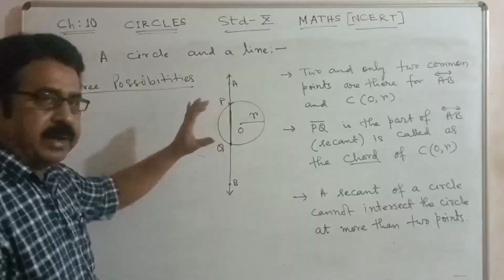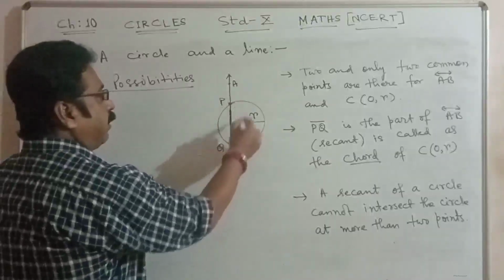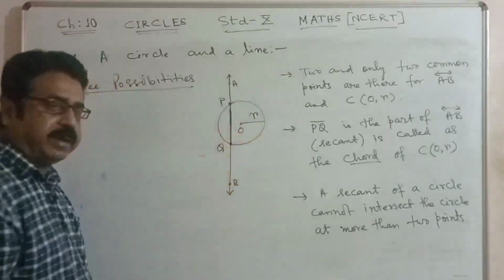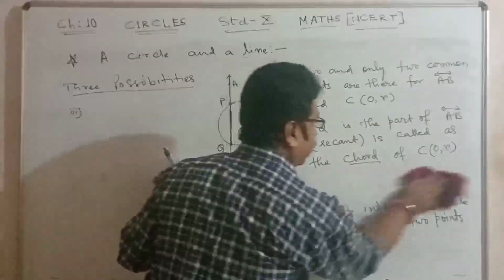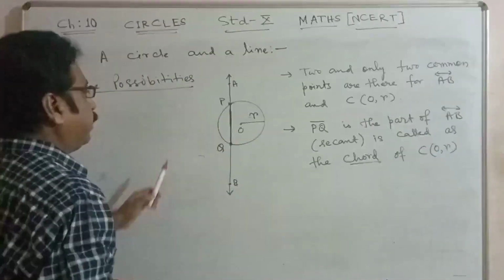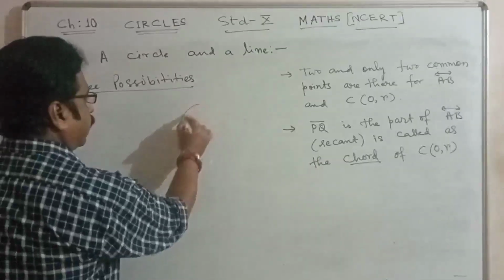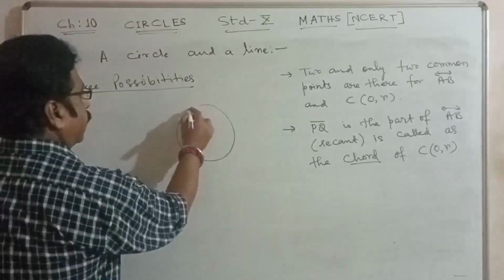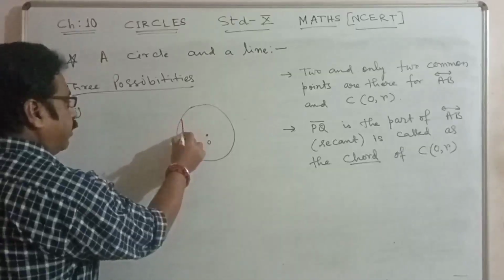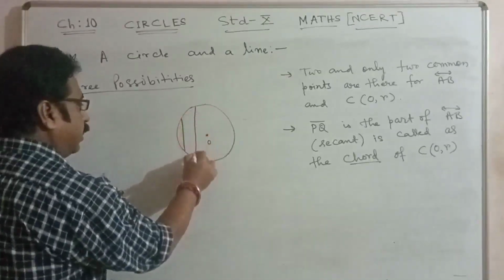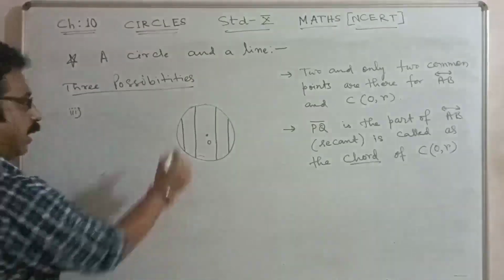Now, how many chords are there for a circle? It will be infinitely many, because this is a chord. You can draw another chord, you can draw another chord like this. So infinitely many chords are there for a circle. This is also a chord, this is also a chord. We can draw this way also.